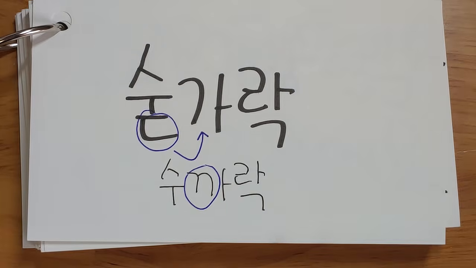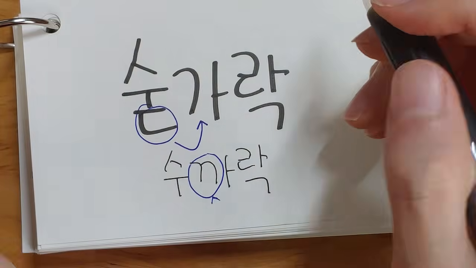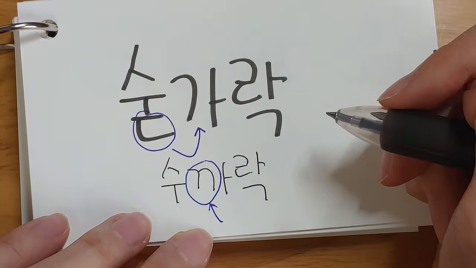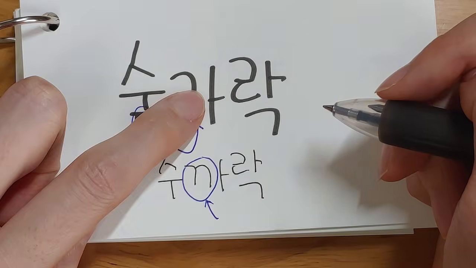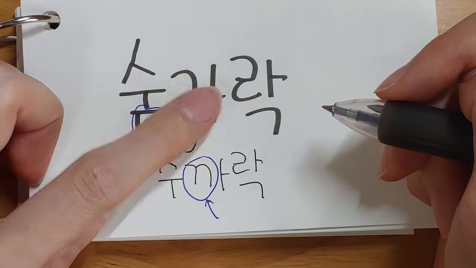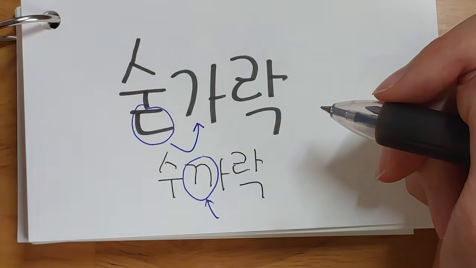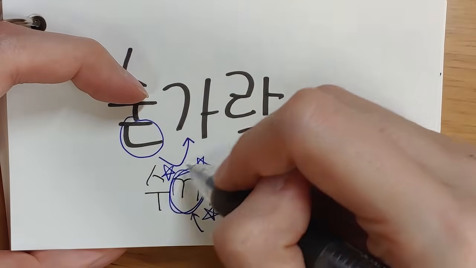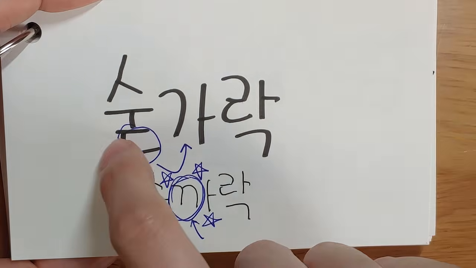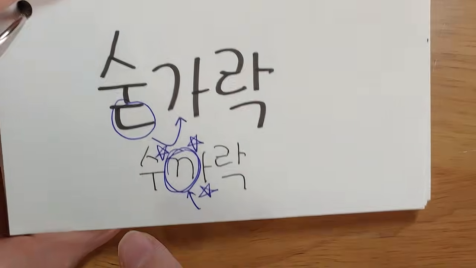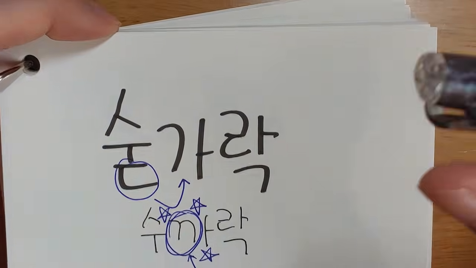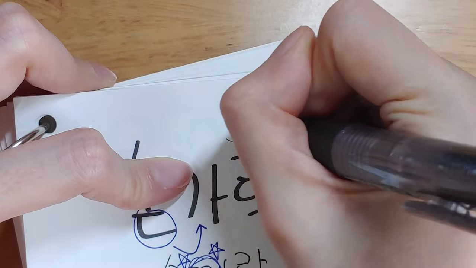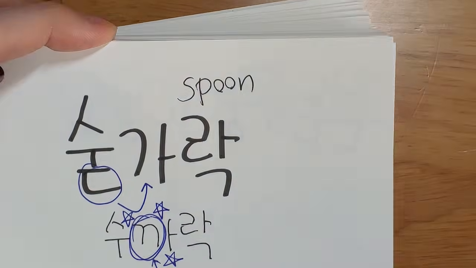So if you find it difficult to make 그 sound, try saying ut and then 그. That 그 sound is the exact sound this double consonant 쌍기역 makes. So 숟가락 means a spoon.